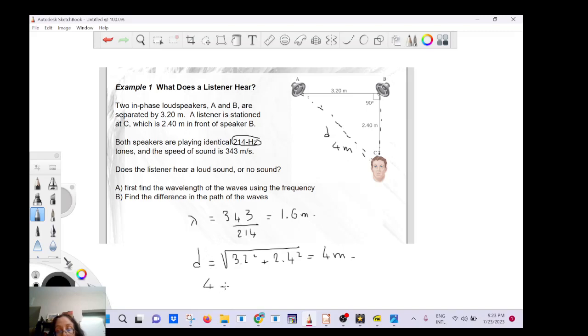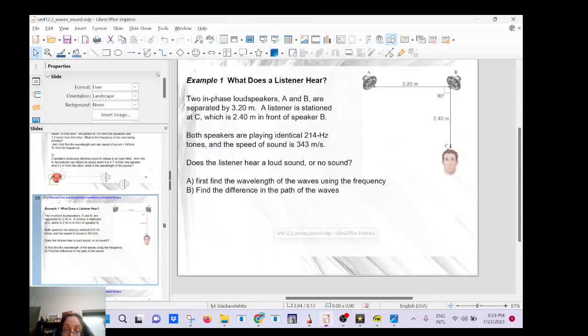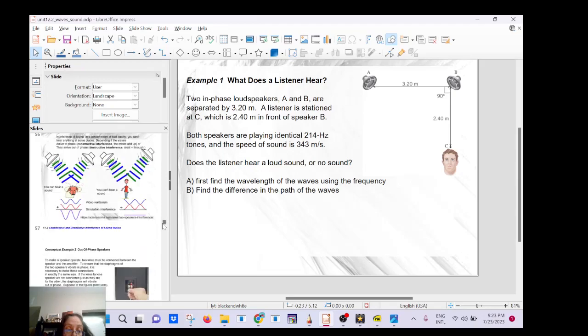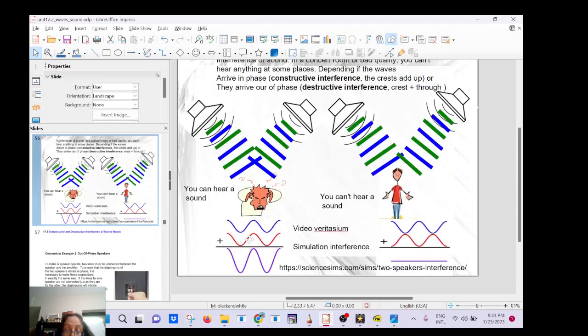So you're going to do 4 minus 2.4, and you get 1.6 meters, which is 1 wavelength. So you get a loud sound. It means the pressures add up. You can have twice the sound, so twice the amplitude.